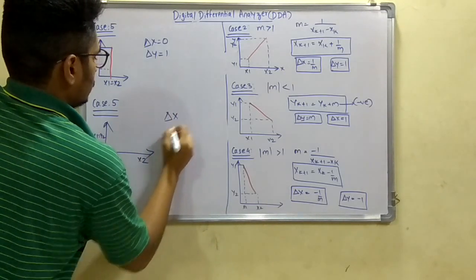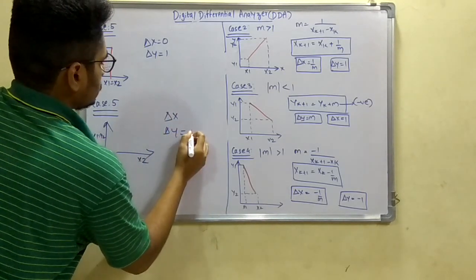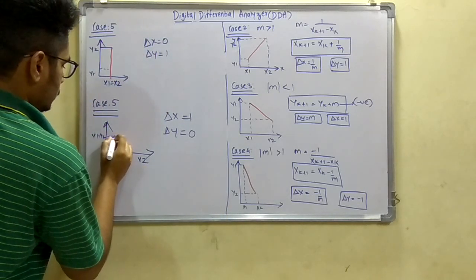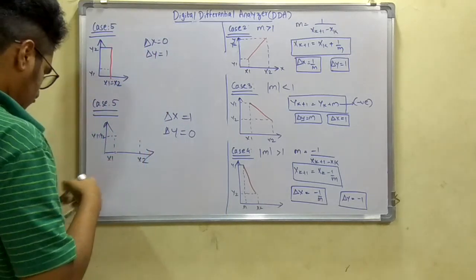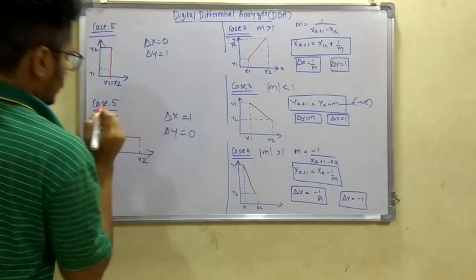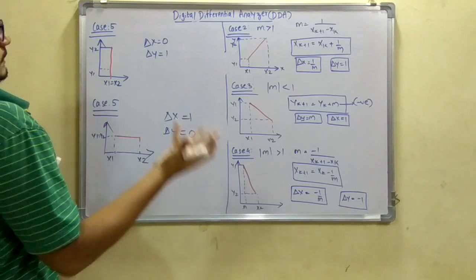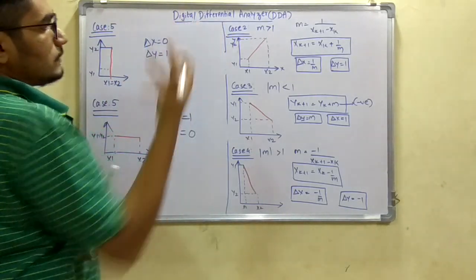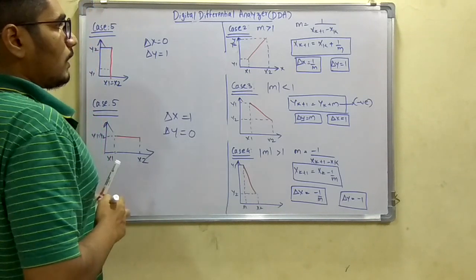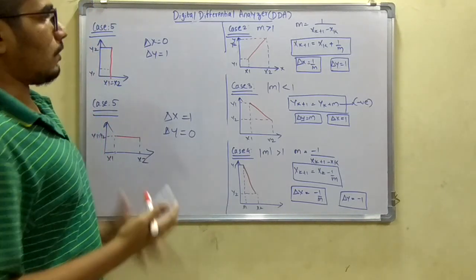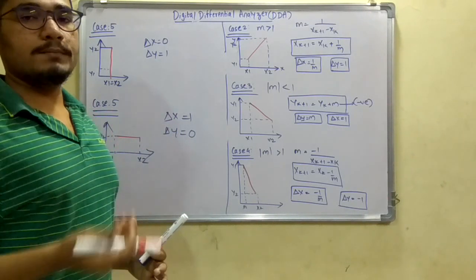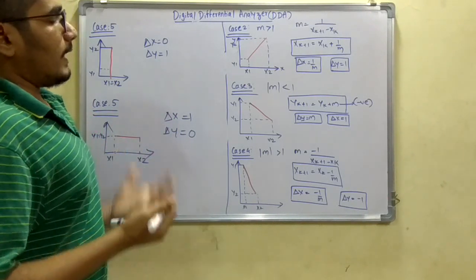Here we can write delta y is equal to 0 and delta x is equal to 1. The line for this, you draw it like this, and you will get the slope m right here. The things that I have drawn in red lines are the slopes which you get from these different test cases. So this is all about the different cases or concepts which you need to keep in mind while solving problems based on DDA algorithms.